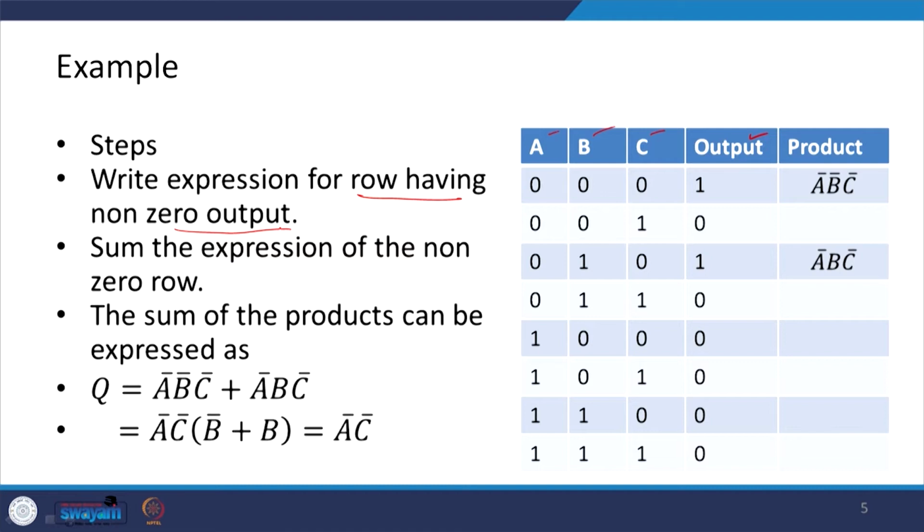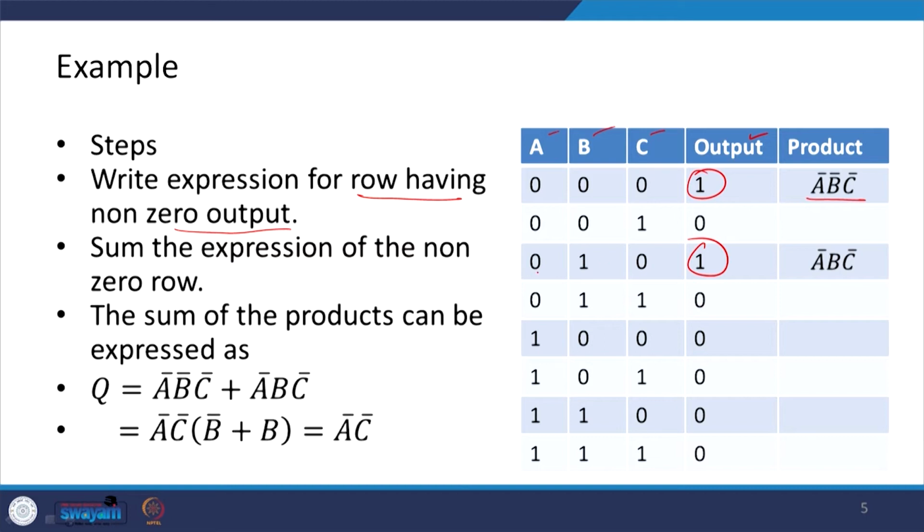For example, non-zero outputs are there in these two rows. The expression for this in product form, that is through an AND gate, can be written as A invert, B invert and C invert. When you take the product of that, you will get output as 1.